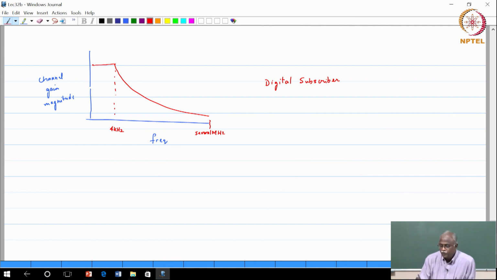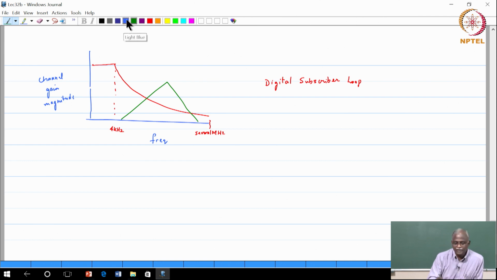So I say that, okay, leave this portion, I want to transmit something on this part. Okay. So if I transmit a signal that is like this, it is getting heavily distorted, and equalization becomes complex because I have to now design a very complex equalizer.